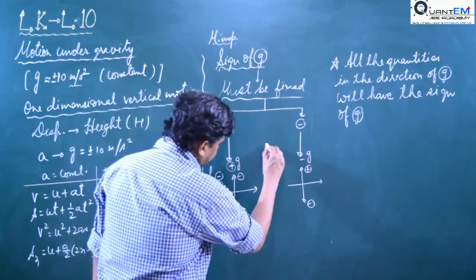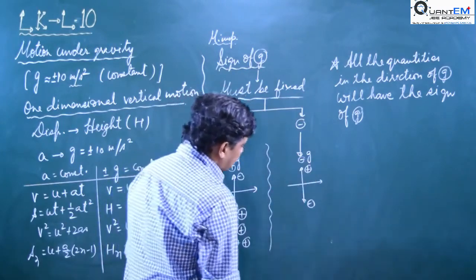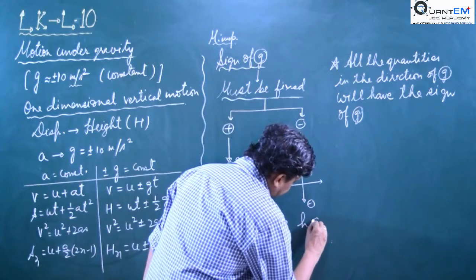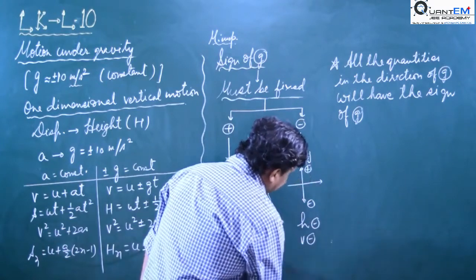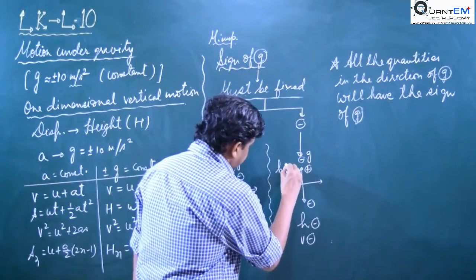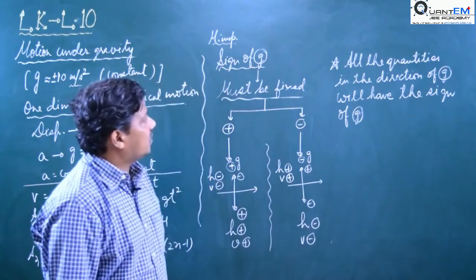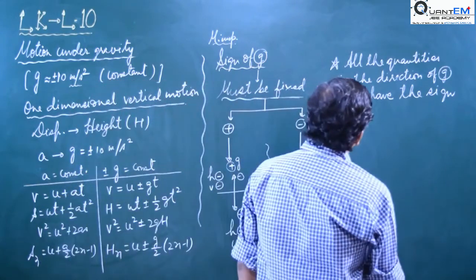And now if you are considering downward g to be negative, then all the quantities in the direction of g will have the negative sign, and against g will have the positive sign. That is the actual sign convention.